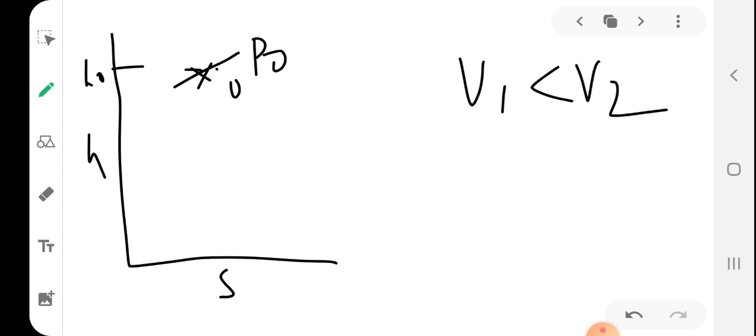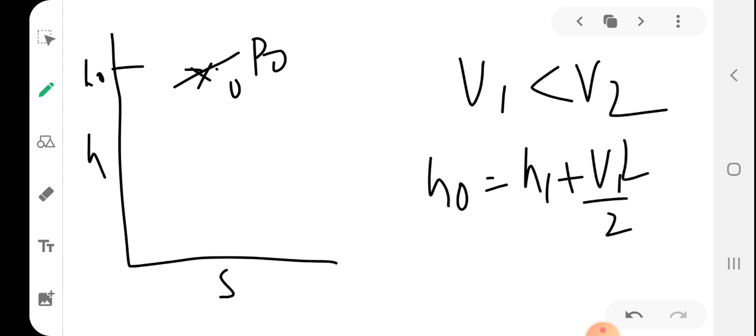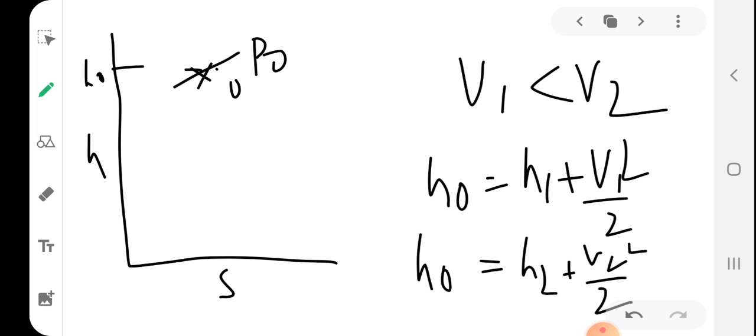So we can mark static enthalpy: H0 equal to H1 plus V1 square by 2, right? H0 is also equal to H2 plus V2 square by 2. So the stagnation condition, the reservoir condition, is the same for any section downstream.